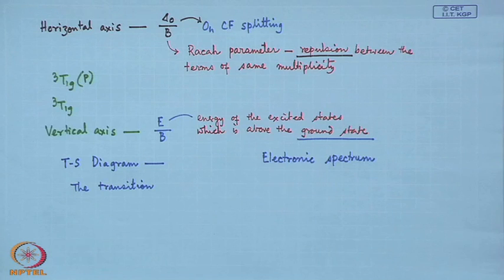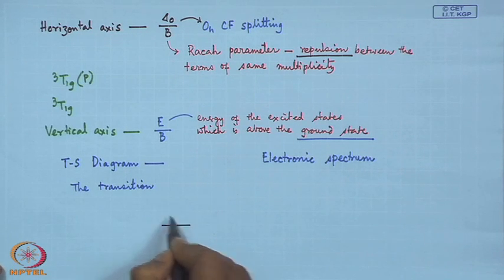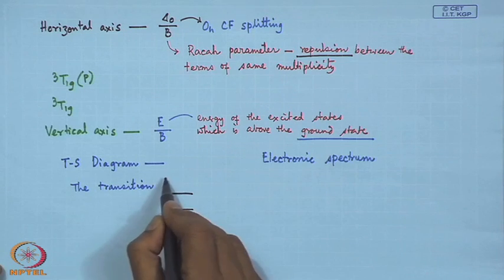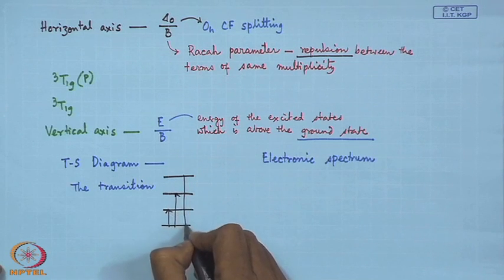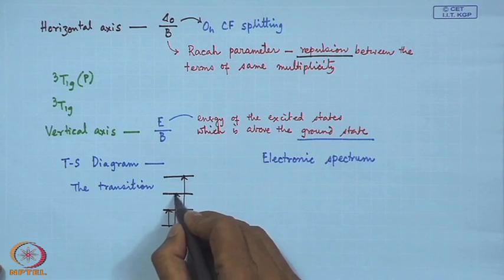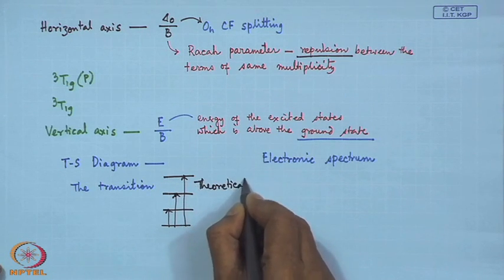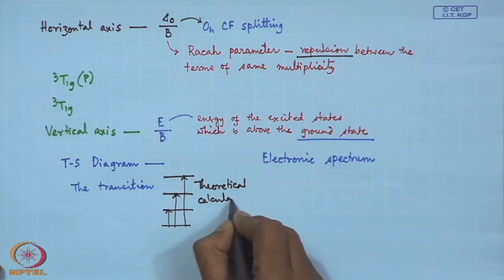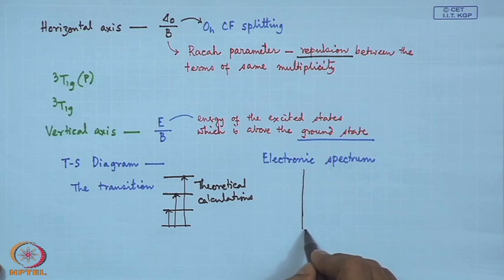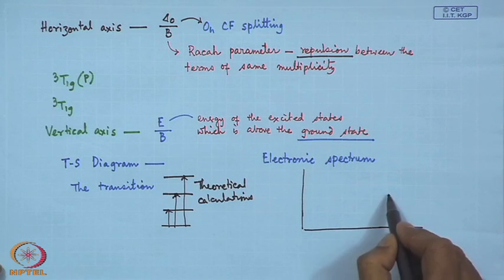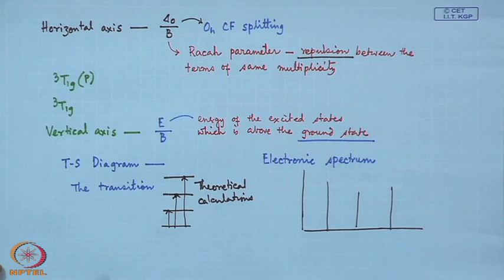Before measuring the electronic spectrum, we see that it is possible to have the quantitative determination of these different levels and their corresponding transitions. If we have the theoretical calculations, we do expect at least the corresponding band positions where these bands can appear.